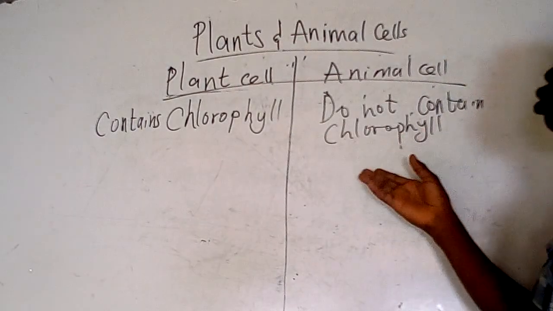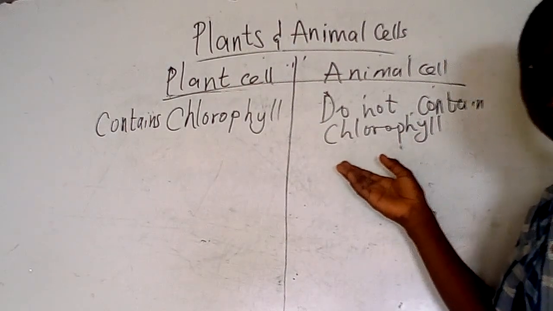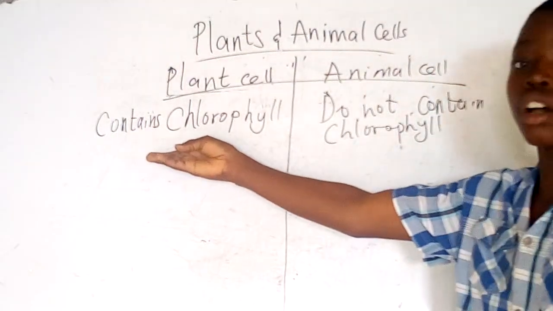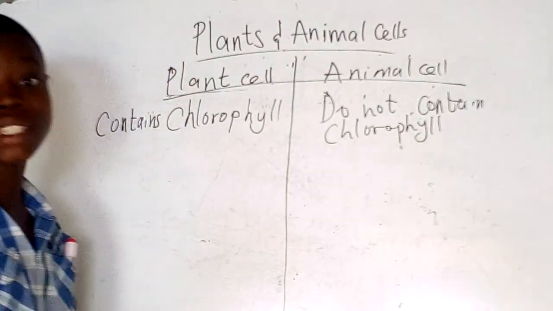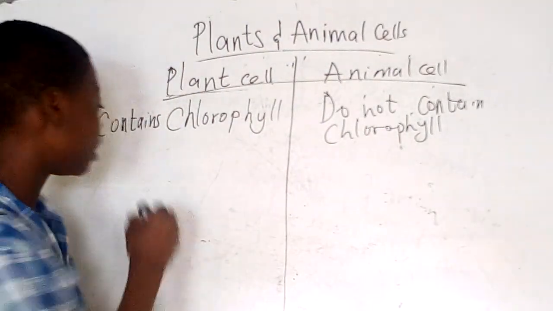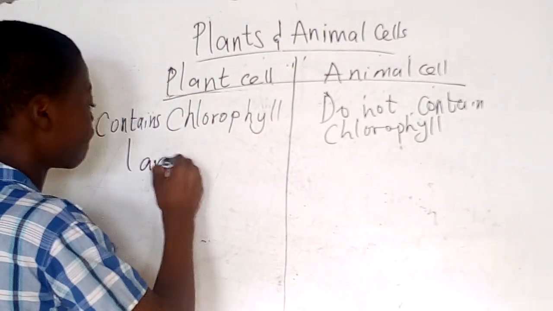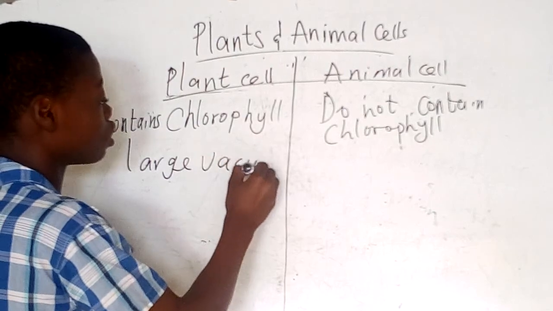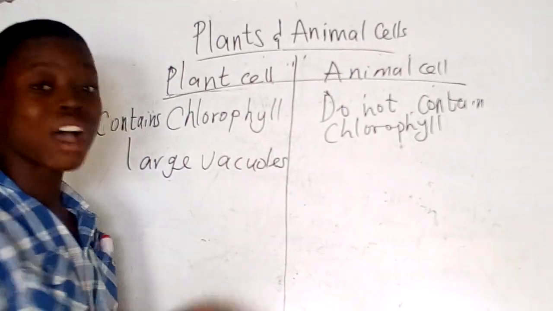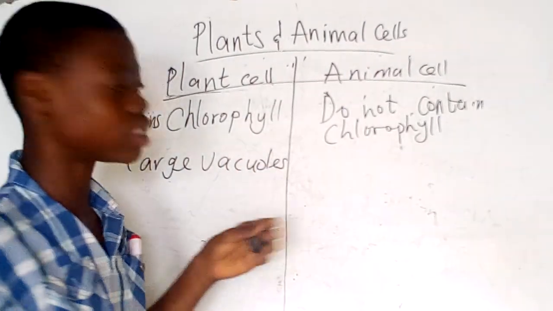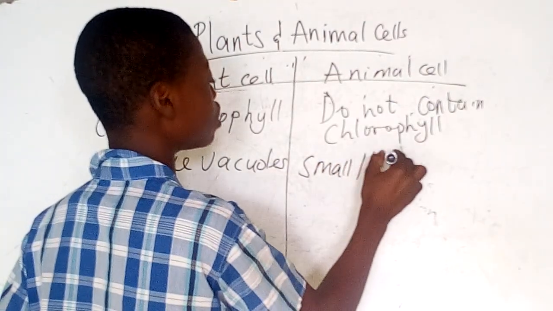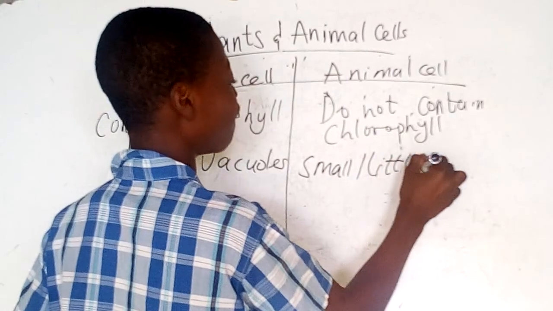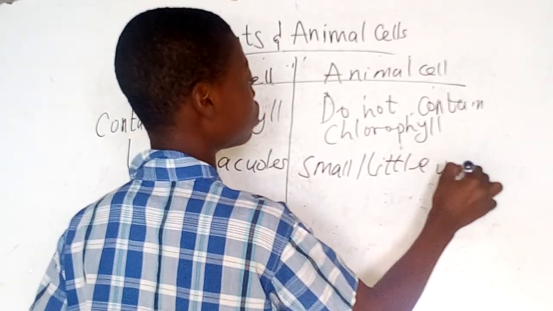Animal cell do not contain chlorophyll, and plant cell contains chlorophyll. Okay, our plant cells contain large vacuoles, whilst our animal cell contains small or little vacuoles.